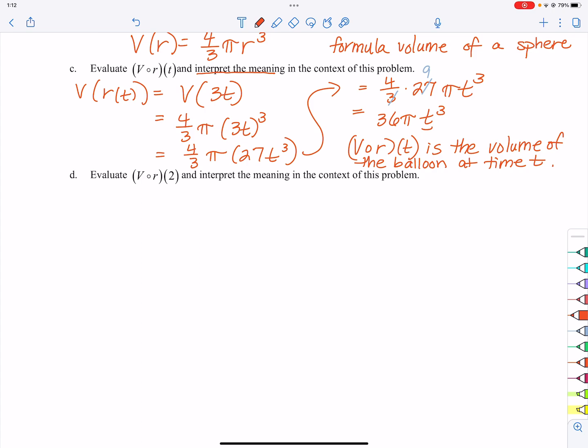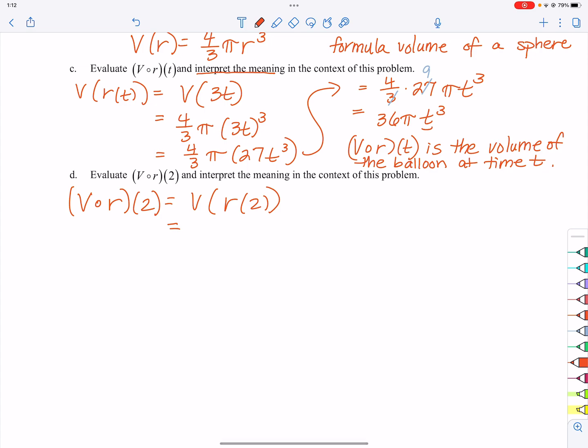Okay, now they've asked us to evaluate v composed with r of 2. So keep in mind, this is going to be the volume of the balloon after 2 seconds. So this is v of r of 2.